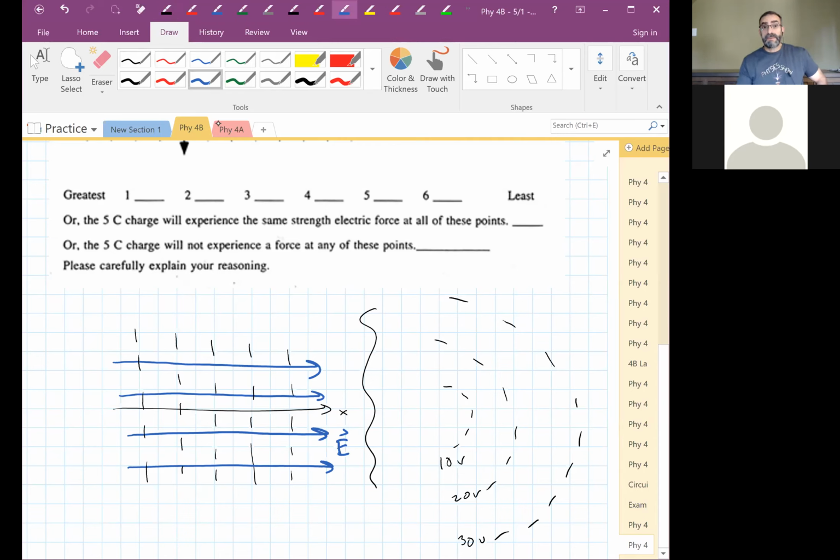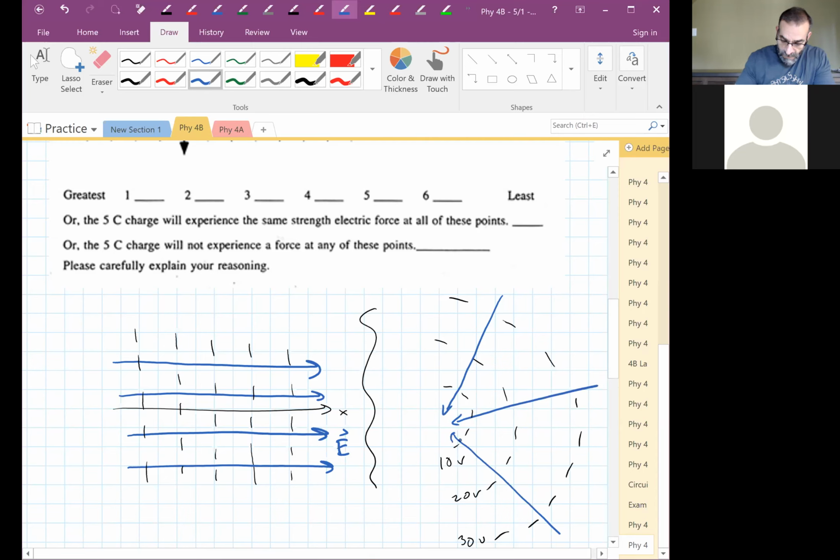Okay, so equipotential surfaces are always perpendicular to electric field lines, or vice versa. Electric field lines are always perpendicular to equipotential surfaces. And electric field always points toward lower electric potential. So the electric field lines in this case would be something like this, right? So maybe there's a negative charge in there. Okay, back to this problem.